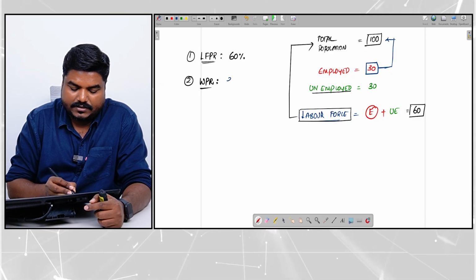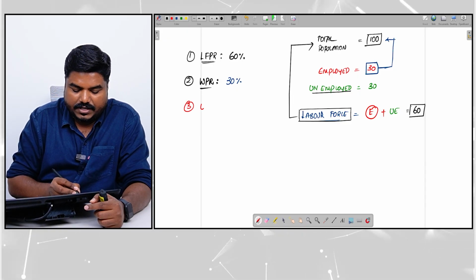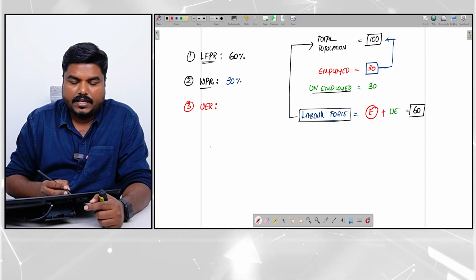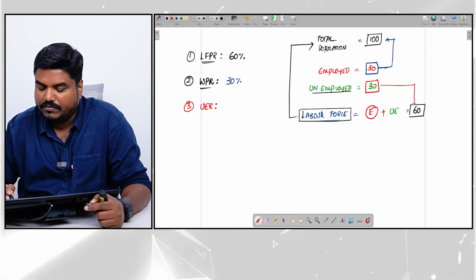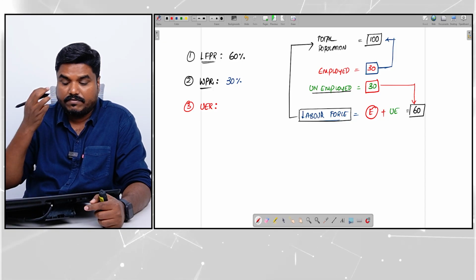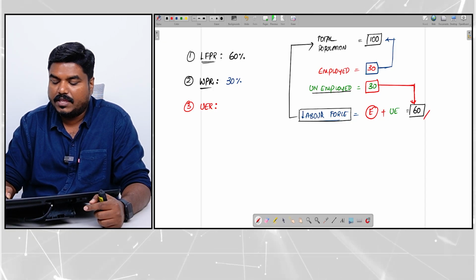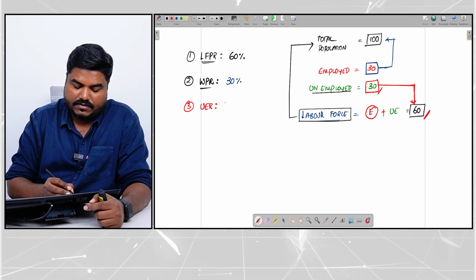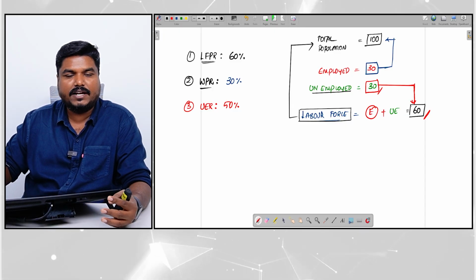In our example, it is 30%. The next is the unemployment rate. Here, it is the percentage of unemployed in the labor force. The labor force is 60, unemployed is 30. That means 50%. In this example, like this only, the data will be calculated.